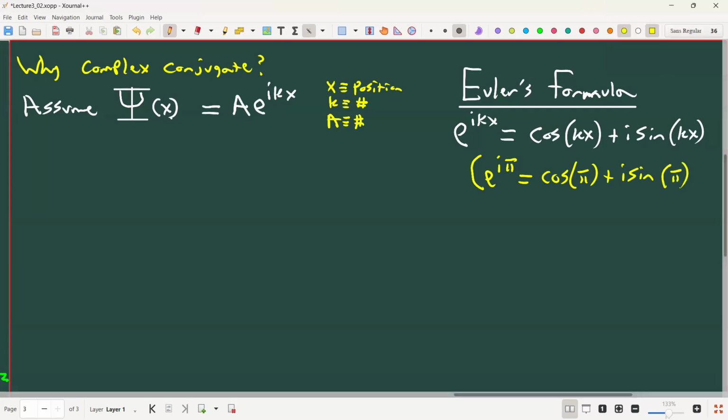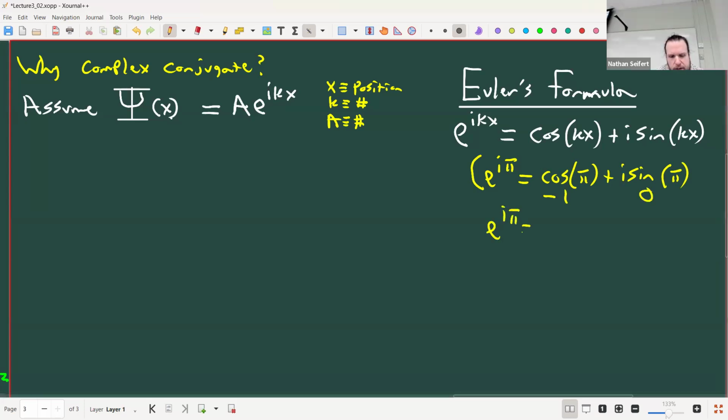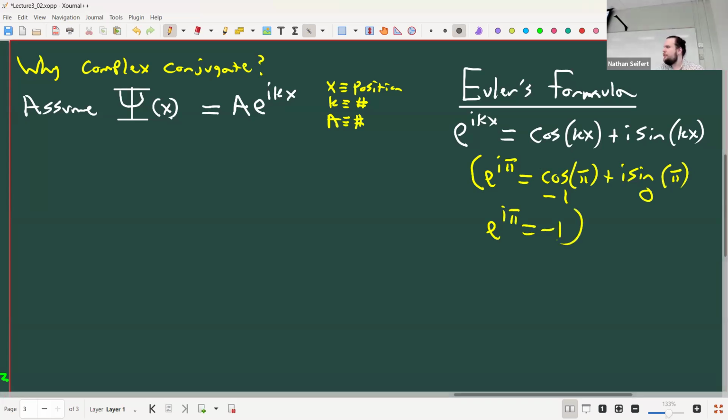The cosine of pi is -1. The sine of pi is 0. So you have e to the i pi is equal to -1. Three of the most important numbers in math all together in one beautiful formula. It's pretty cool. So this is a really useful one to remember.